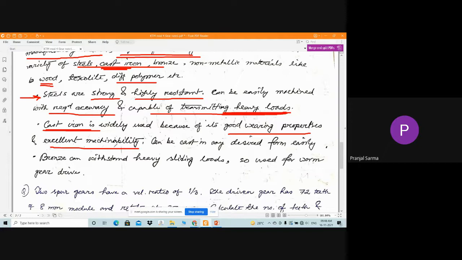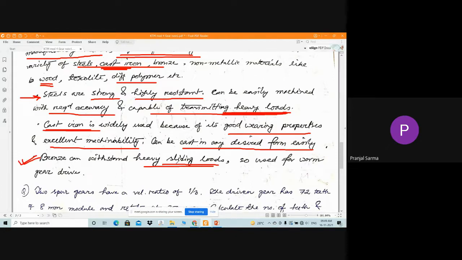The castability of that material is also very good, so it can be cast in any desired form very easily. That's why it is a very popular gear material. And if you think of withstanding very heavy sliding loads, if that is your service condition, then bronze will be one of the ideal gear materials.